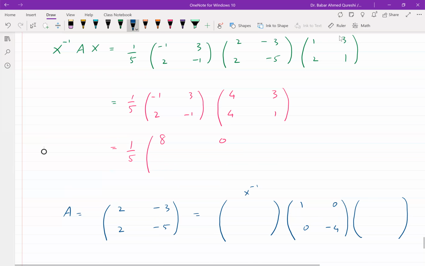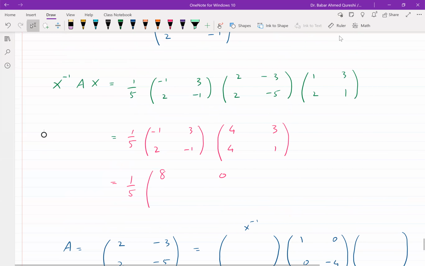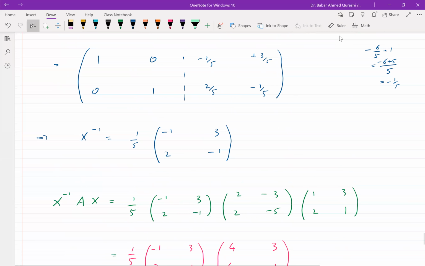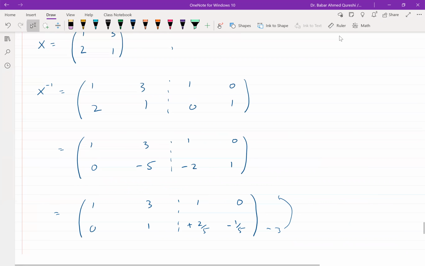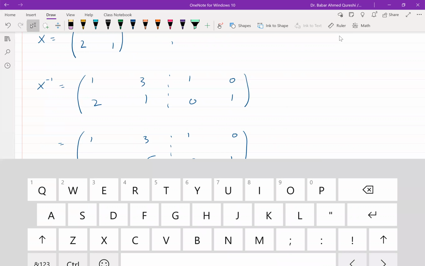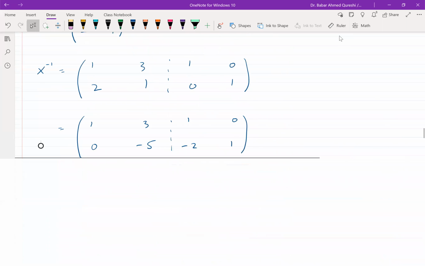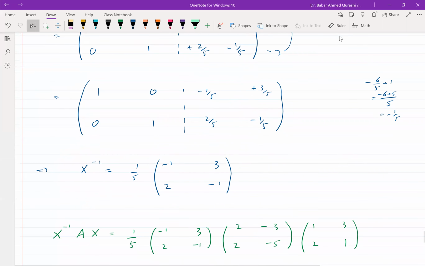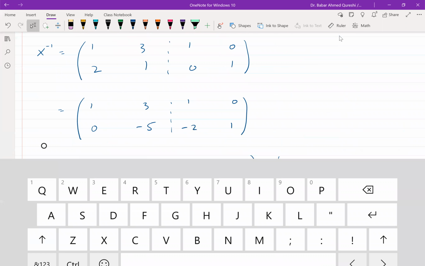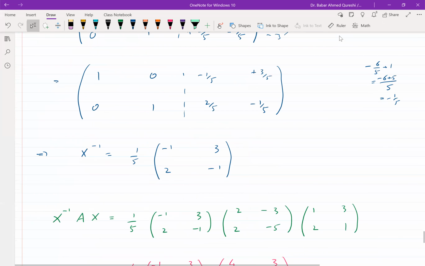It could be just that we did it in the opposite order. X was 1, 2, 3, 1.